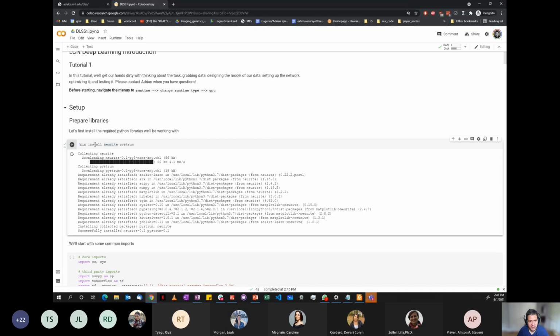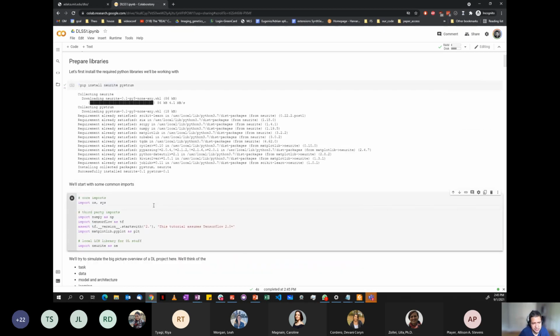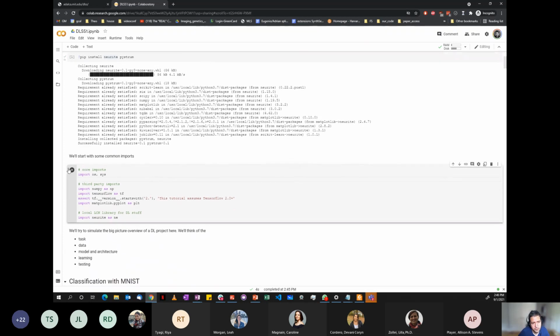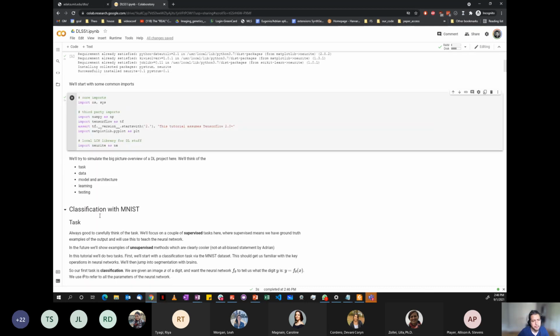This very first entry will install Neurite, the deep learning library that we support here and that we've all been contributing to. This just does a bunch of imports that Andrew taught us about in the last session, bringing a bunch of libraries into our workspace.